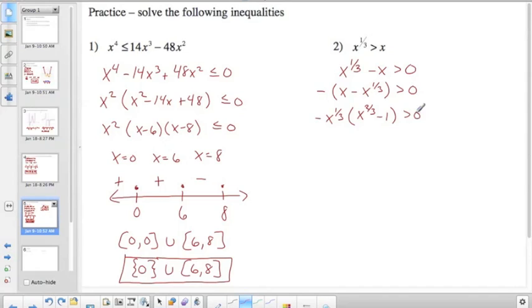And x to the 2/3 minus 1 is actually the difference of squares. So it's negative x to the 1/3, x to the 1/3 plus 1, x to the 1/3 minus 1. So I can see that my zeros are 0, +1, and -1.